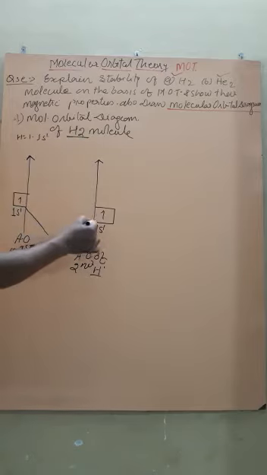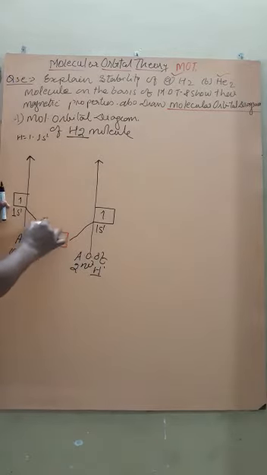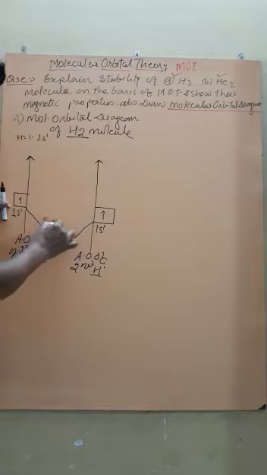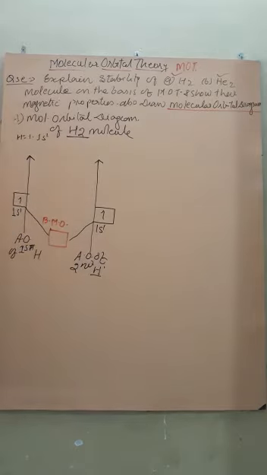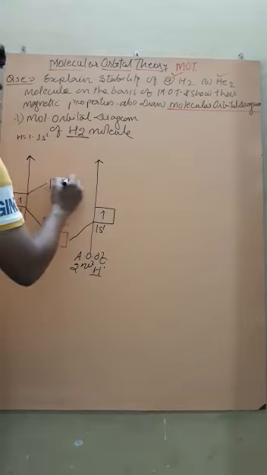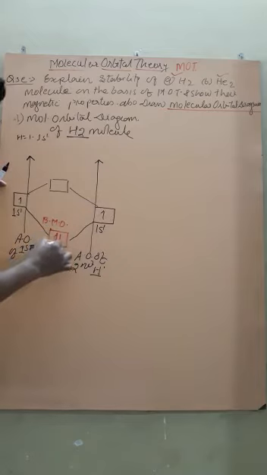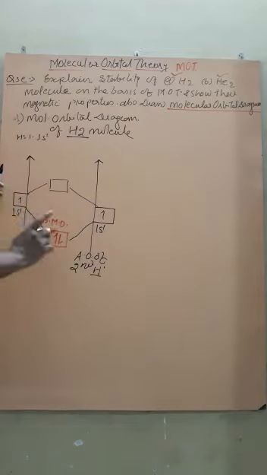They will combine, overlap and form one molecular orbital. This is called the bonding molecular orbital. But as I told you, if there are two atomic orbitals, then there must be formation of two molecular orbitals. In the bonding molecular orbital, one and one electron overlap to form one bonding molecular orbital.